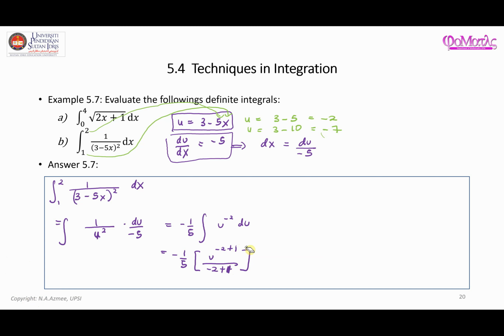And this becomes negative 1 over 5, u to the negative 1, over negative 1.